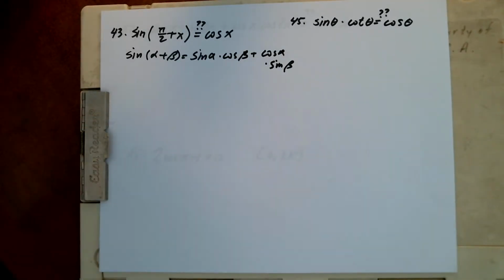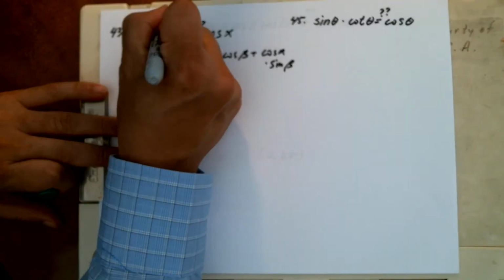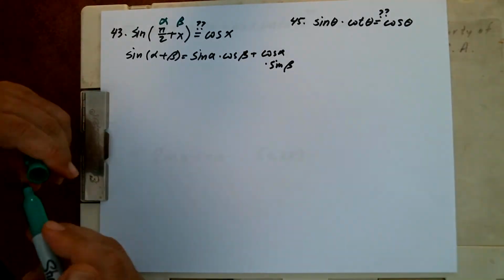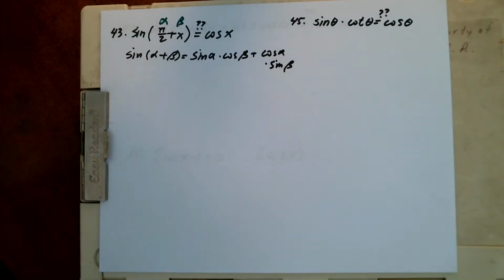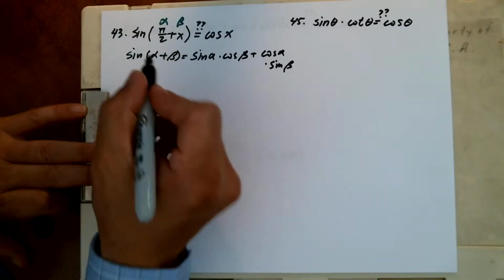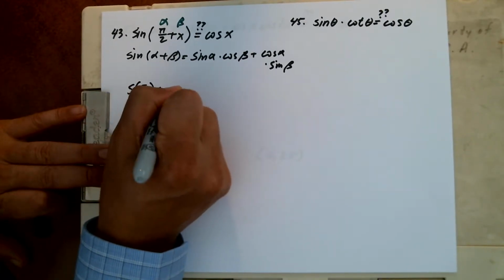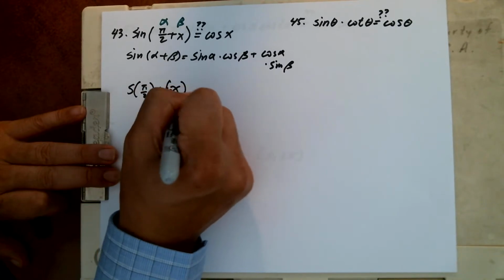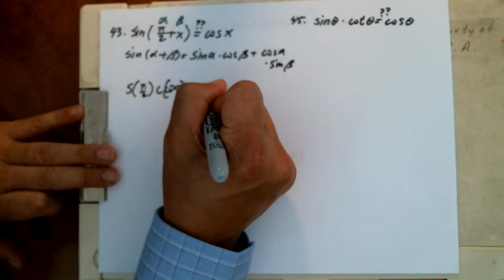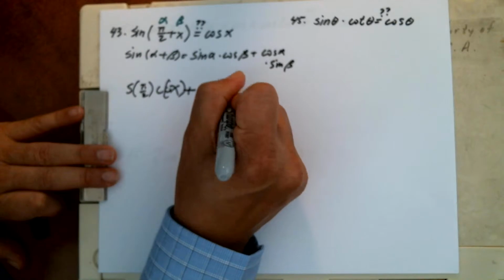And just to help you out a little bit, here's my alpha and here's my beta. So that becomes, I'm going to use some shorthand notation here, the sine of pi over 2 times cosine of x plus cosine of pi over 2 times the sine of x.